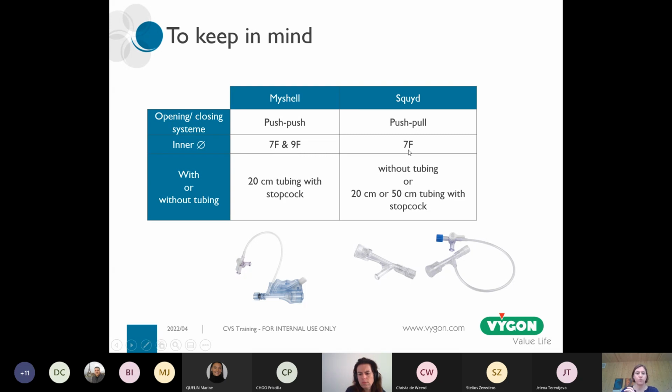For Squid, 7 French. For My Shell, there is a tubing with a stopcock, and the tubing is a 20 centimeter tubing. For Squid, you have a tubing of 20 centimeter or 50 centimeter with stopcock, or it is sold without tubing.